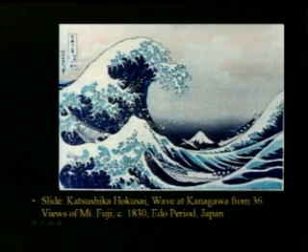The process that was used in Japan involved at least 4 different people. There would be the person who designed it, and we believe Hokusai was the one who designed all of these images. So he made this image that you see here. But then he just turned over the image on a piece of paper, probably that he had colored with watercolor, so that they knew which colors he wanted them to use.